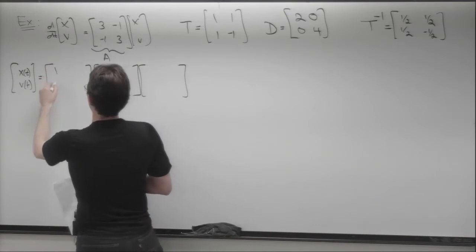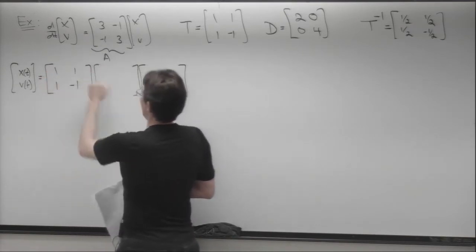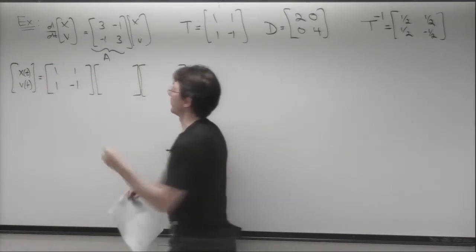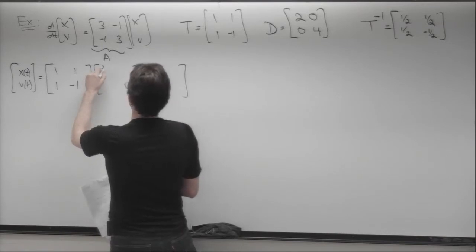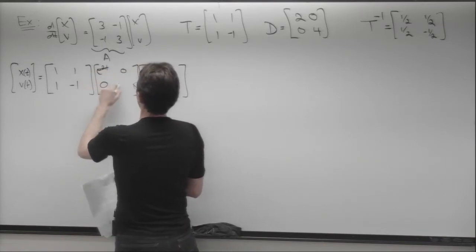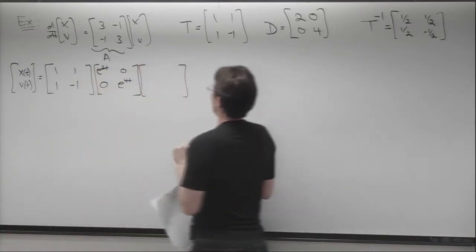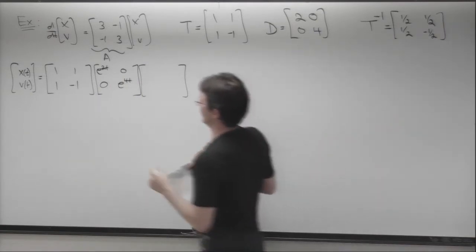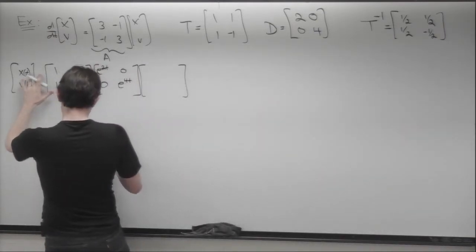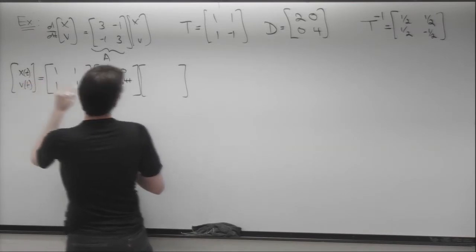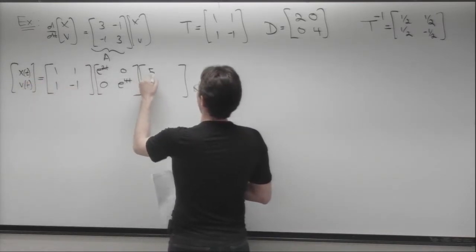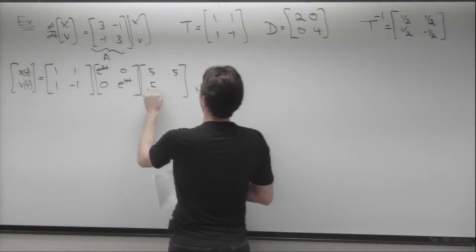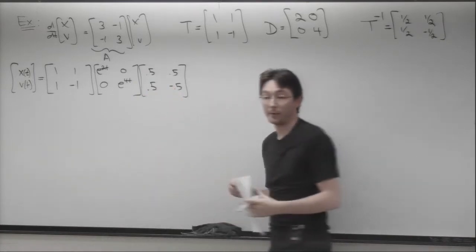So T is 1, 1, 1, minus 1. e to the diagonal t is pretty simple. It's just e to the 2t, 0, 0, e to the 4t. And then T inverse is 0.5, 0.5, 0.5, minus 0.5. Right?